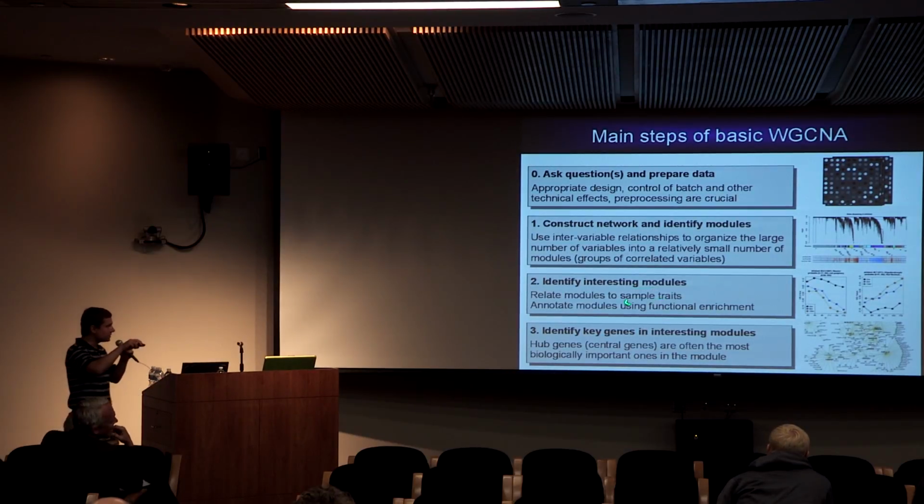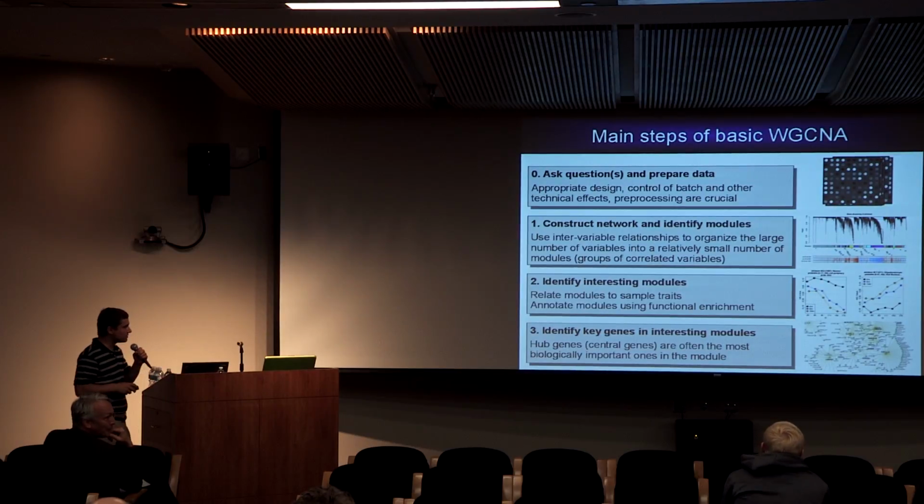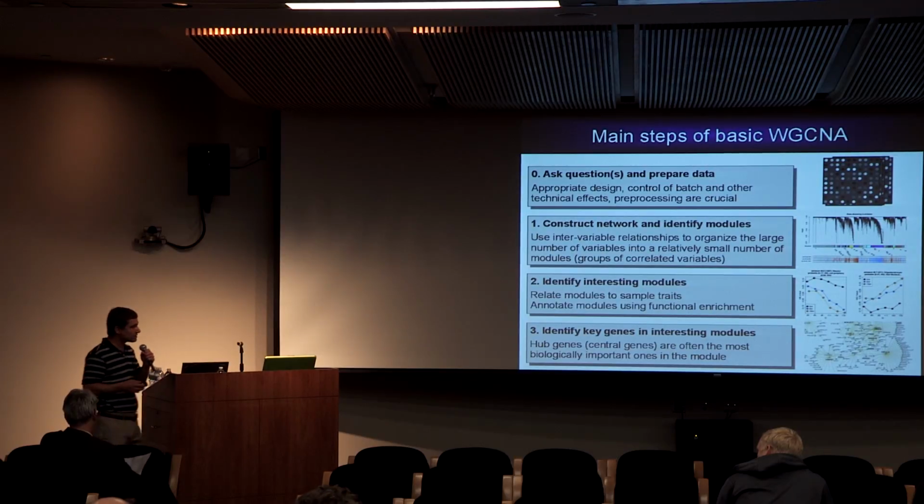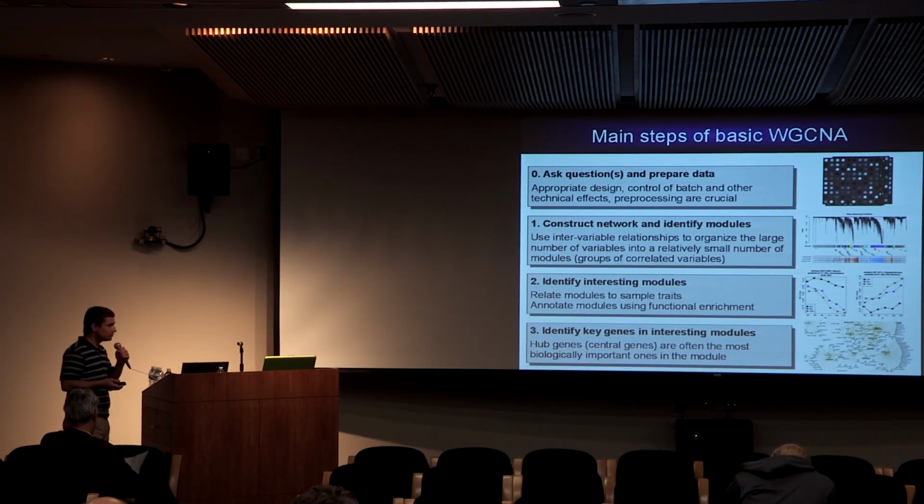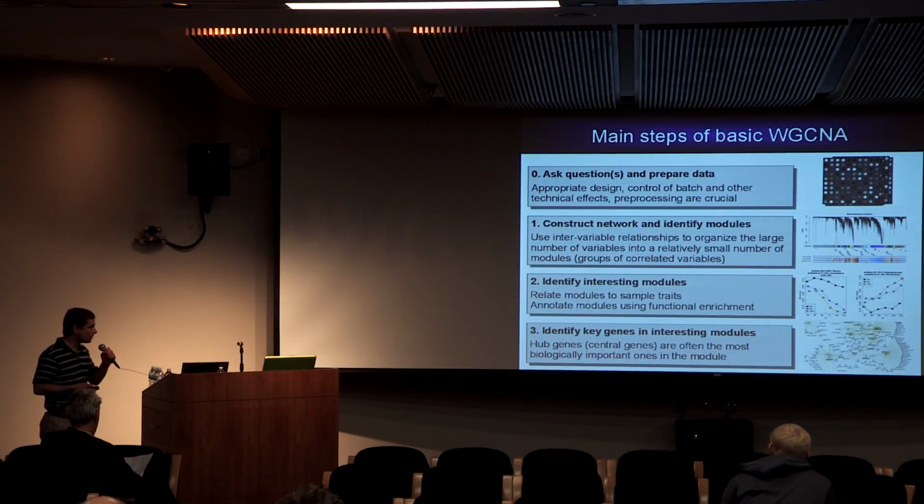You can also annotate the modules, because those are groups of genes, using functional enrichment. So it's easy to do on genes. It's a little more challenging to do, say, on the methylation probes, but there are tools that can do it very well.